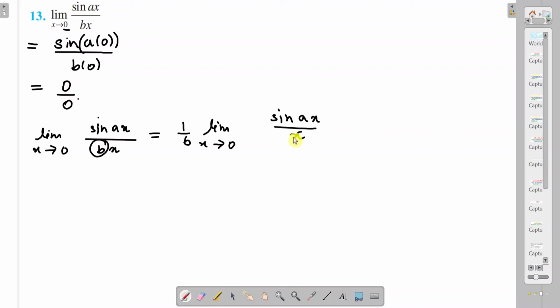Okay, now to use this formula which I am writing here, limit x tends to 0 sin x divided by x equal to 1. To use this formula, the variable in the trigonometric function and in the denominator should be the same.